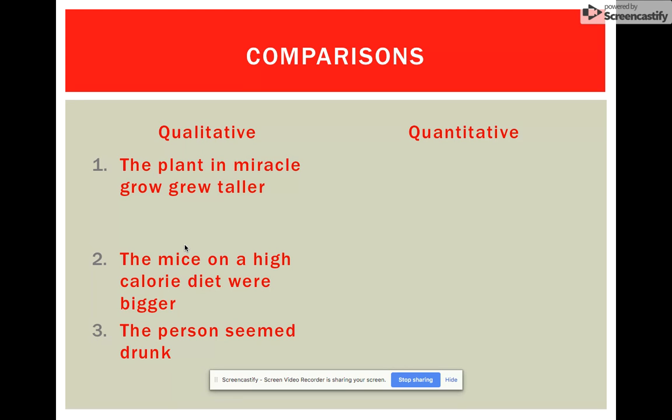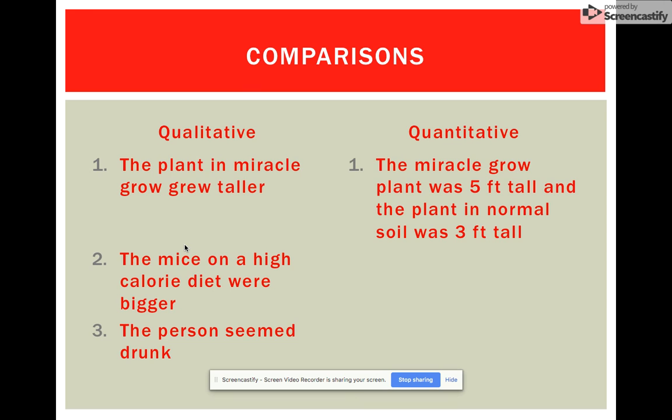Now, I can convert that to a quantitative statement by saying that the Miracle Grow plant was 5 feet tall while the other plants were 3 feet tall. So here, what I'm adding is this measurement, 5 feet and 3 feet, and that's what makes it a quantitative piece of evidence, because I actually went and measured the height of each plant.